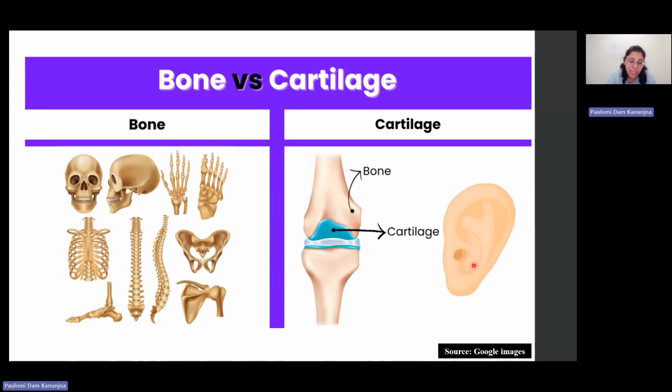So what is compact bone? These are heavy, tough bones. They have the tight structure, and around them you have the spongy tissues. So these are the spongy bones, and they are covering the compact bone, right?